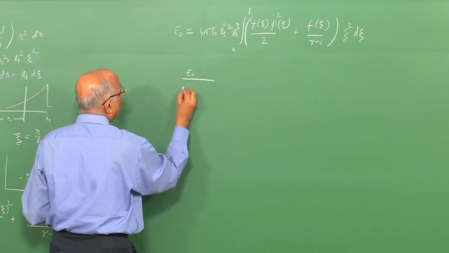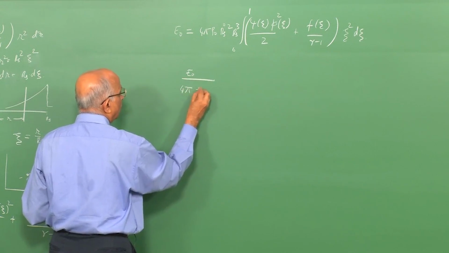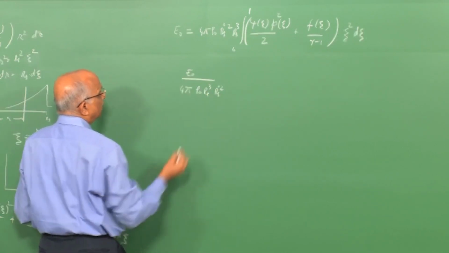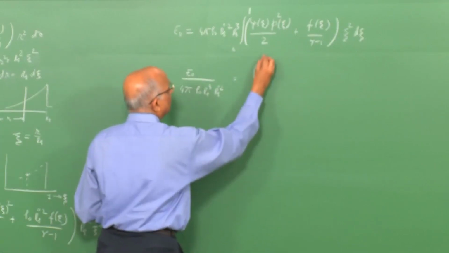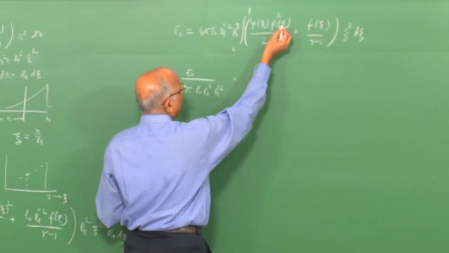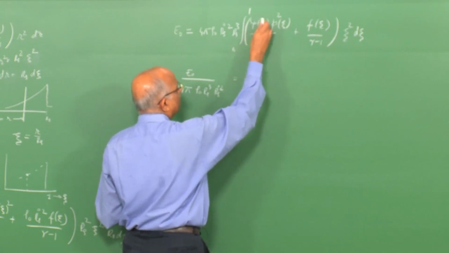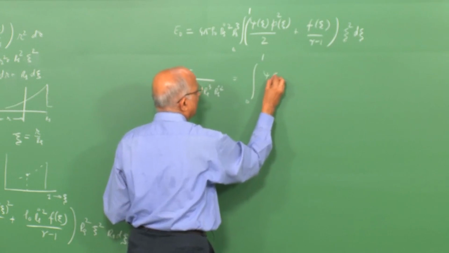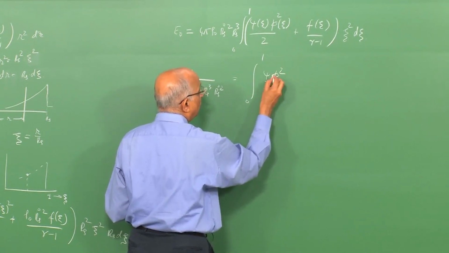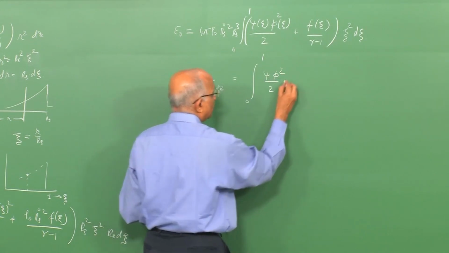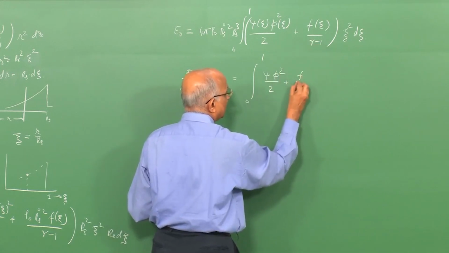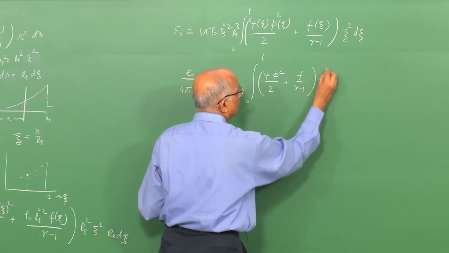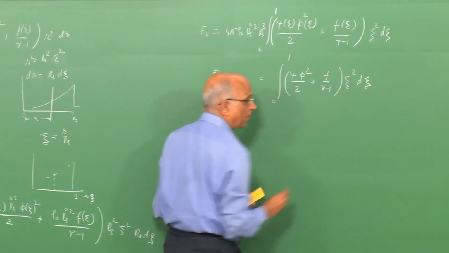I get E 0 by 4 pi into rho 0 r s cubed into r s dot square is equal to this particular integral 0 to 1 of, let me recognize that psi is a function of zeta, phi is a function of zeta, f is a function of zeta, and therefore, I can write it as psi phi square divided by 2, keeping in mind that these are all functions of zeta such that I do not need to carry these symbols as I am doing, plus f over gamma minus 1 into zeta squared into d zeta.